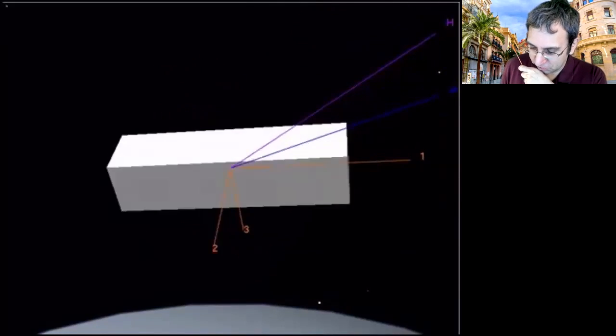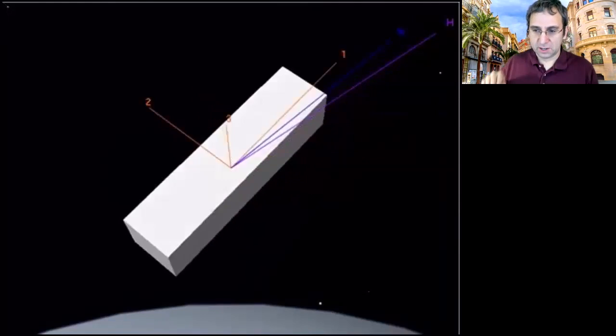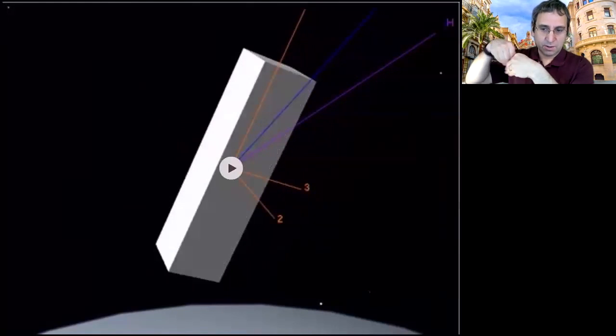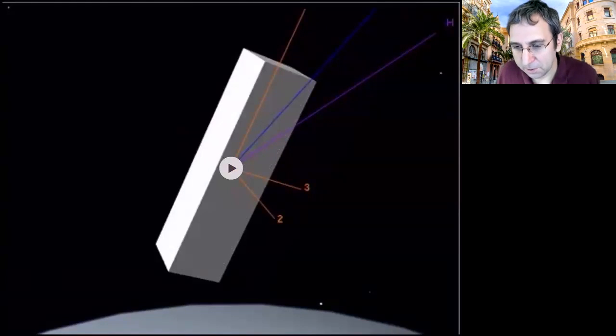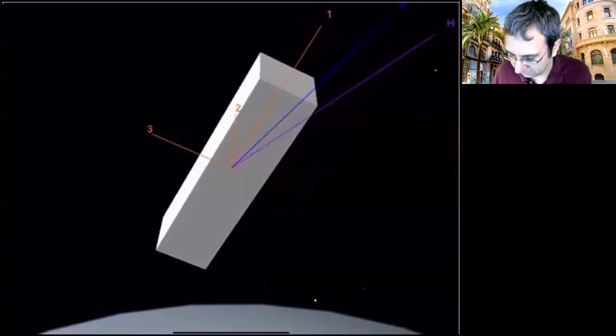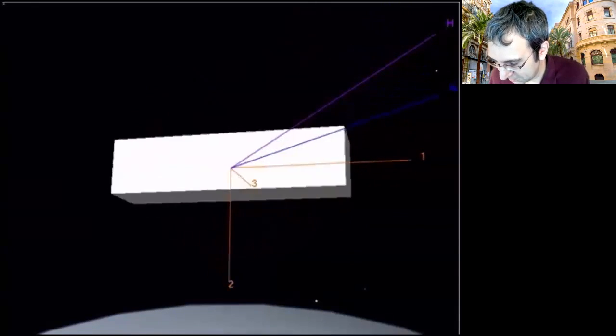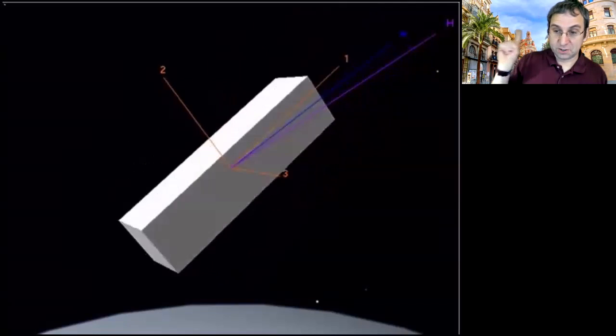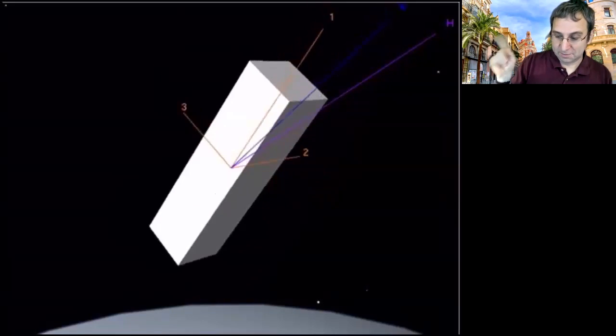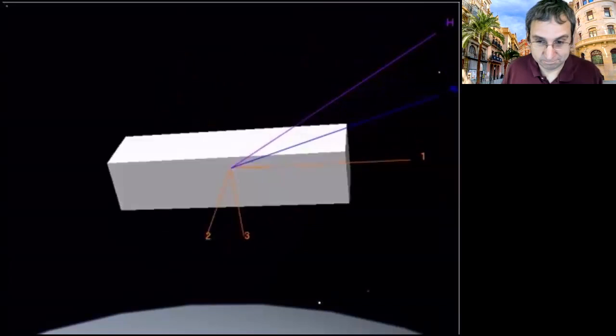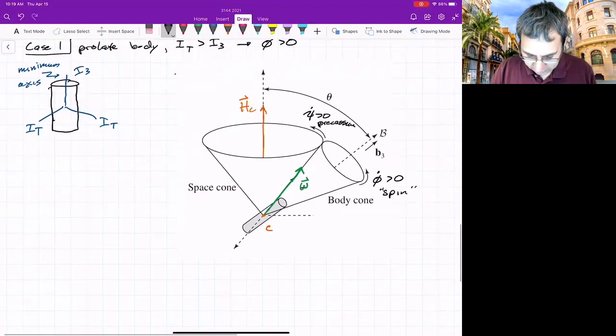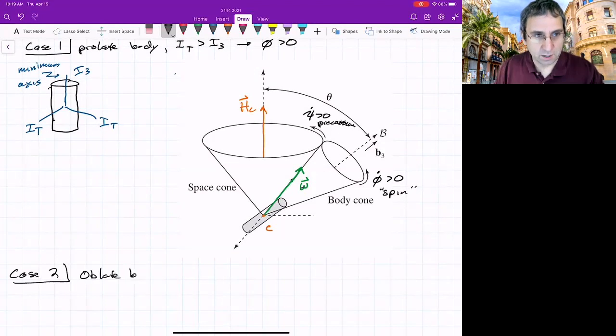And so that's the resulting motion of the body, if you were to think of these two solid cones rolling without slipping about one another. And notice here, it's got positive precession, right? Psi dot is positive and positive spin. Yay.